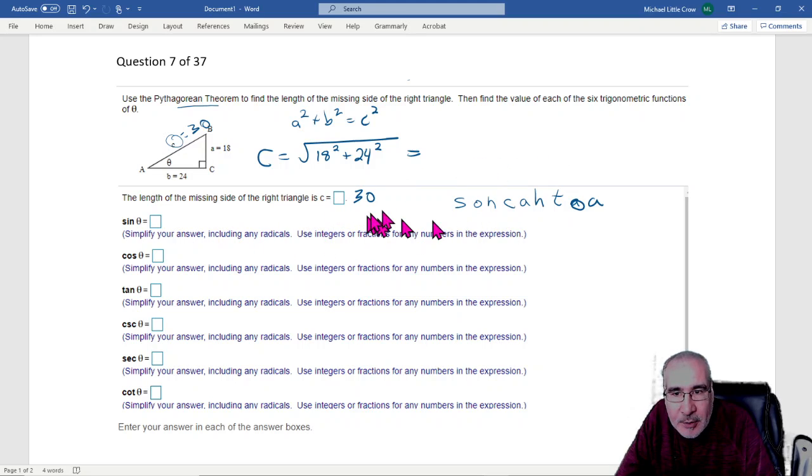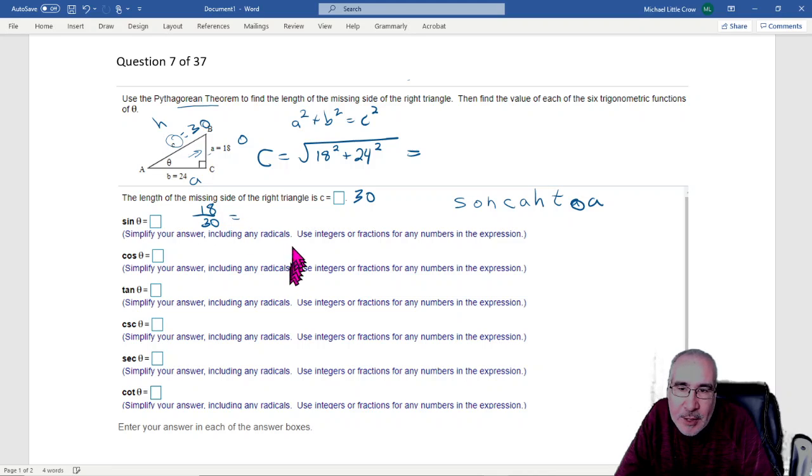And then SOHCAHTOA, so sine is opposite over hypotenuse. Opposite is 18, right? Because where the angle is, this is the opposite, this is the adjacent, this is our hypotenuse. Opposite over our hypotenuse will be 18 over 30.